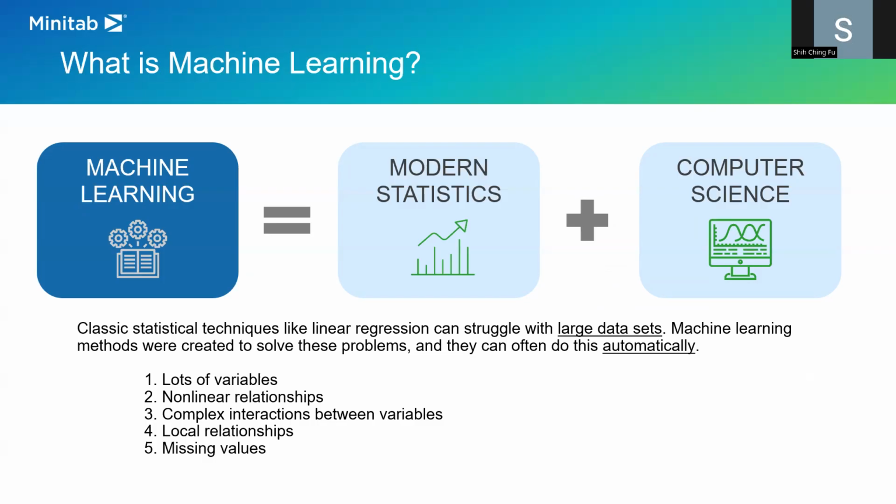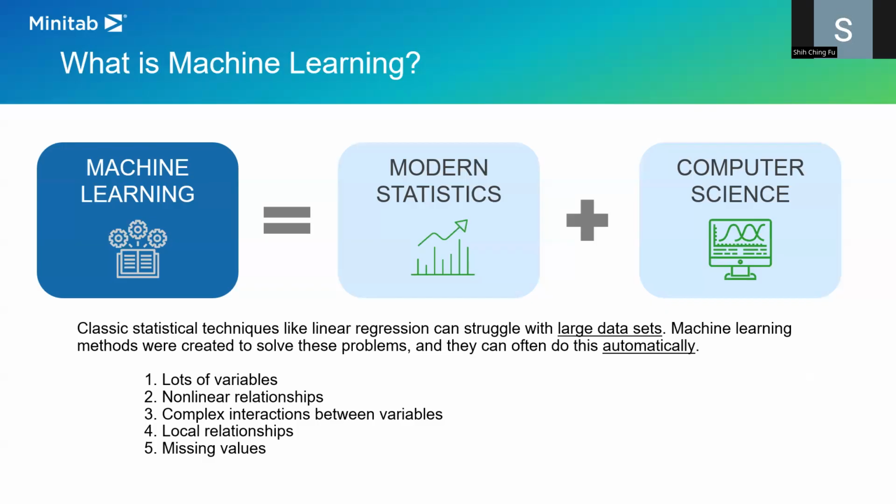So we're going to use machine learning. Machine learning is a combination of modern stats and computer science. The advantage is it can deal with lots of variables, so it considers all the variables together. Also the relationship could be nonlinear, could be a local relationship, could be a very complex relationship between variables.